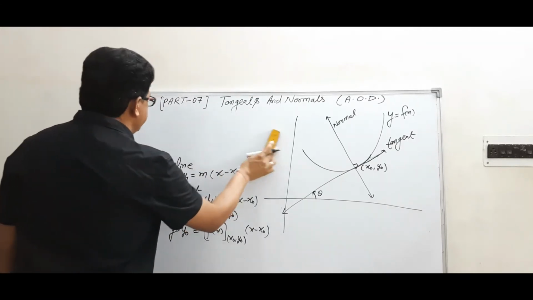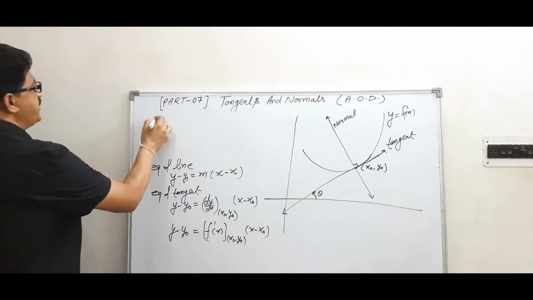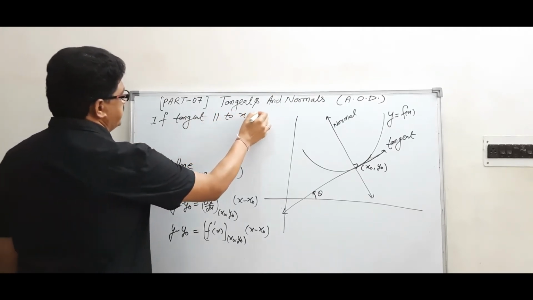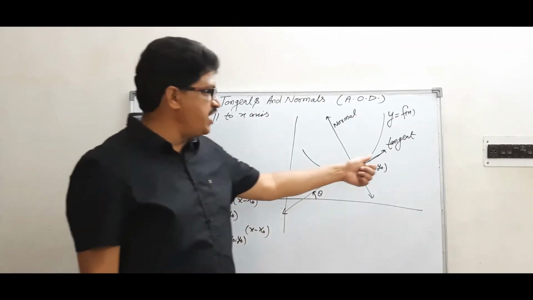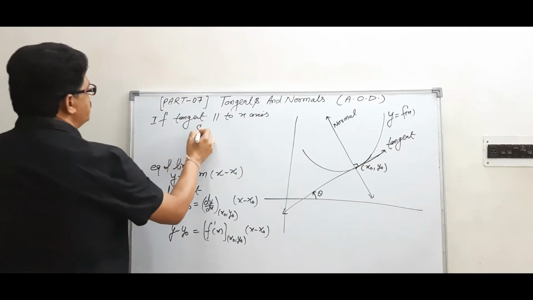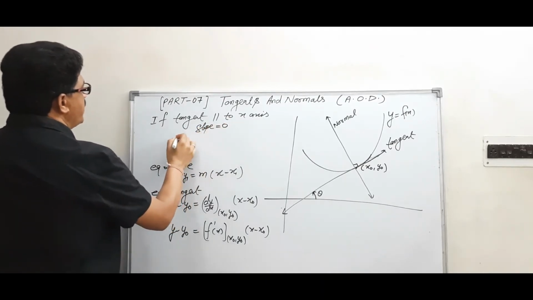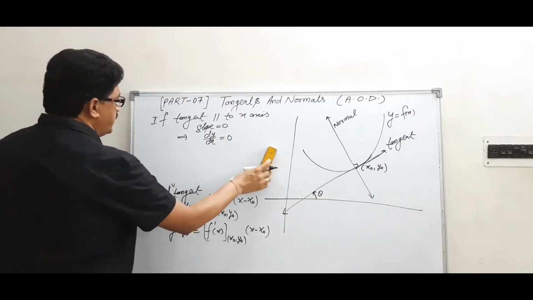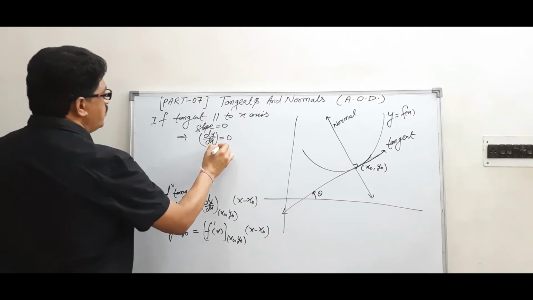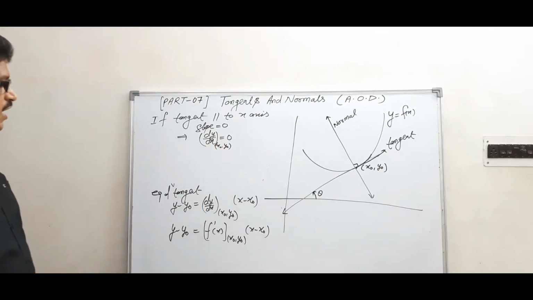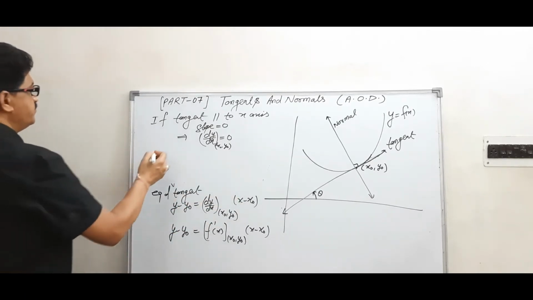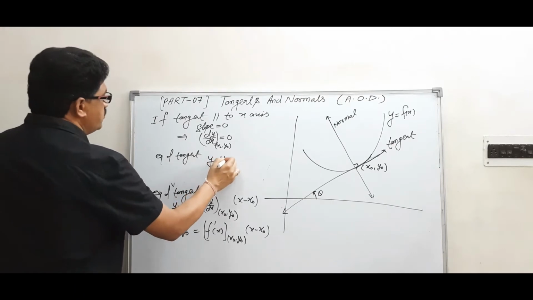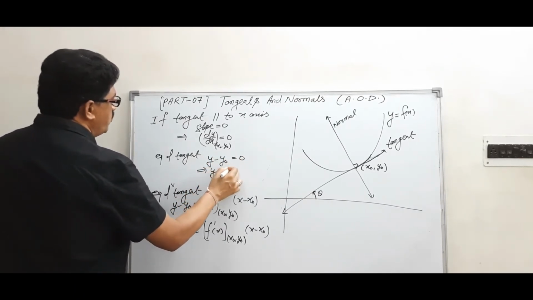Now if this tangent is parallel to x axis, if tangent line is parallel to x axis, slope is equals to 0, or we can say dy by dx is equals to 0. dy by dx at the point x0 y0 is equals to 0, and with dy by dx 0, the equation of tangent becomes y minus y0 is equals to 0, or y is equals to y0.